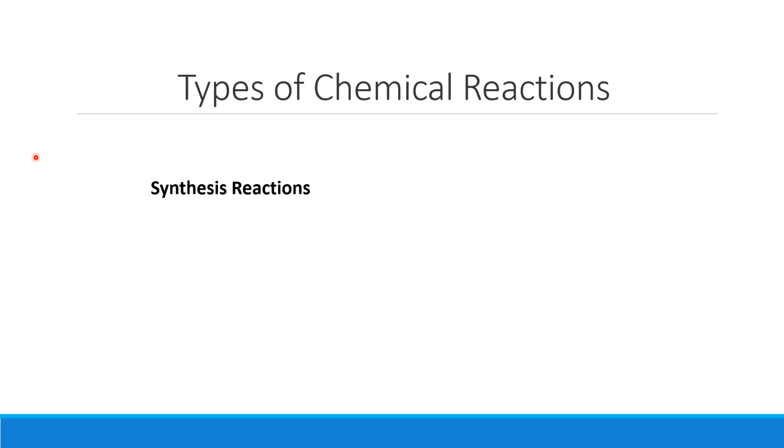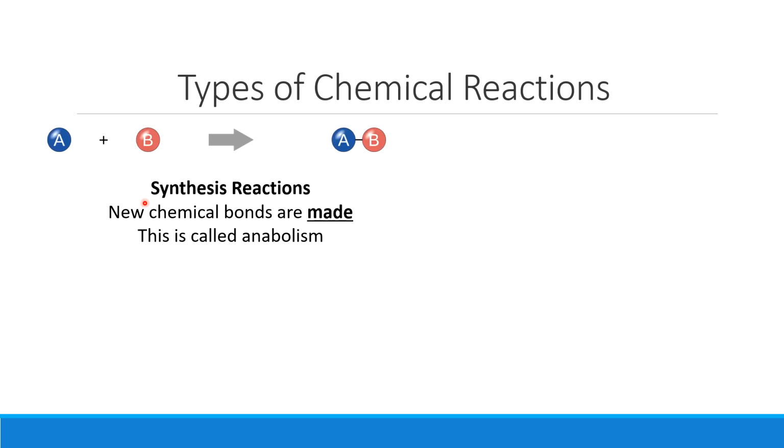So let's start with synthesis reactions. If we're looking at this in terms of those chemical bonds, in a synthesis reaction, we build chemical bonds. You'll also see this word come up in future classes of anabolism, or having an anabolic reaction. When we build something bigger than we started with, when we do a synthesis reaction, this is called anabolism, building.